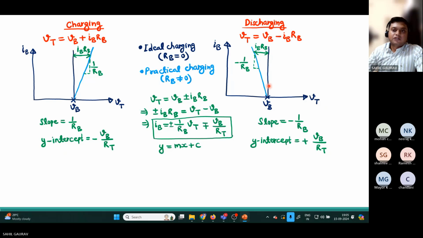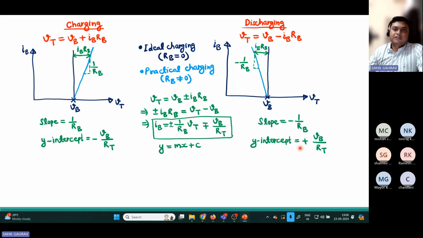From this curve, you can also see that while discharging the slope is negative, while while charging the slope is positive. The y-intercept during charging will be negative as it cuts the negative y-axis, while discharging, it will cut the y-axis on the positive side.